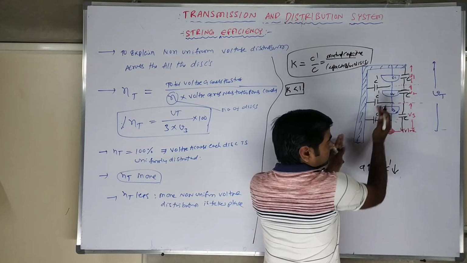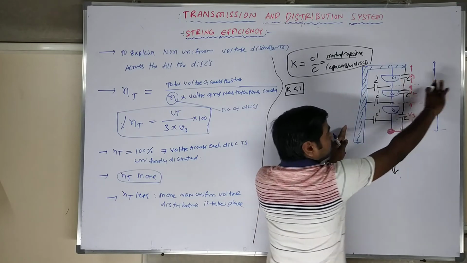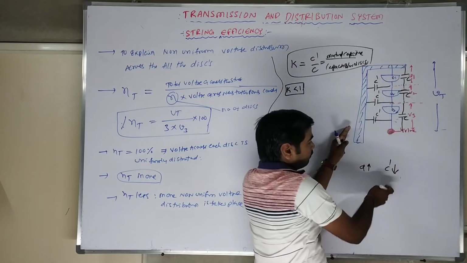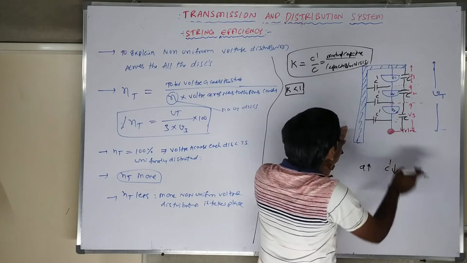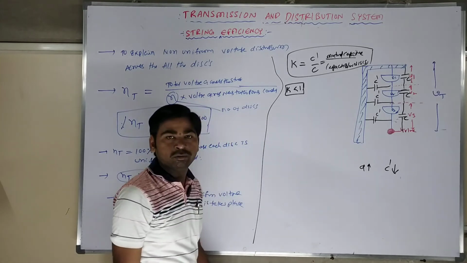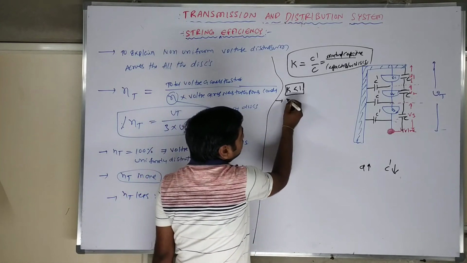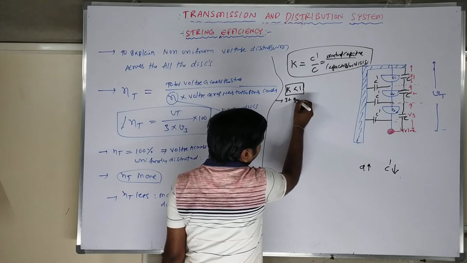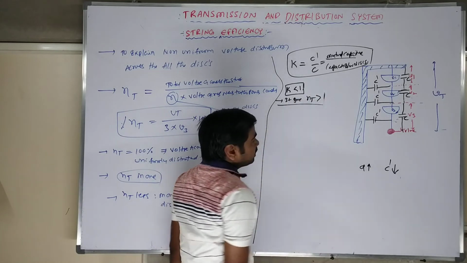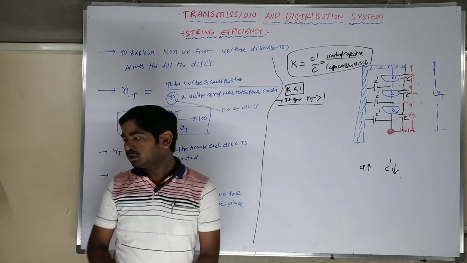If you keep the string longer, with a longer cross arm length, the distance increases and the capacitance decreases. So the K value decreases, and therefore the string efficiency increases. That is also a very important point.